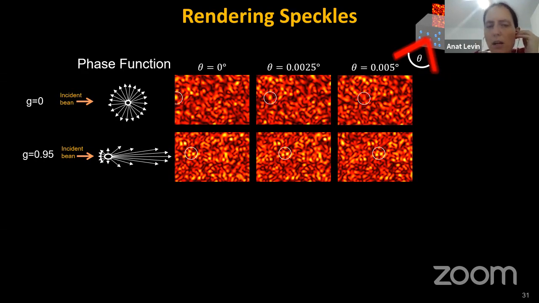So for example, what we did here is we consider two types of phase function. In the first row, we have an isotropic phase function. Isotropic phase function means that the incident illumination scatters equally in all directions.